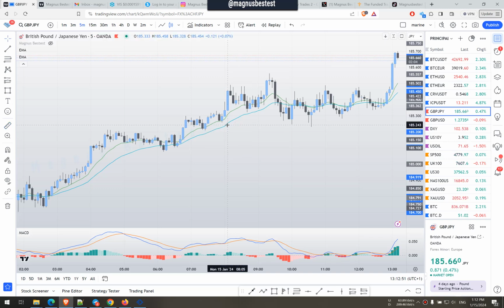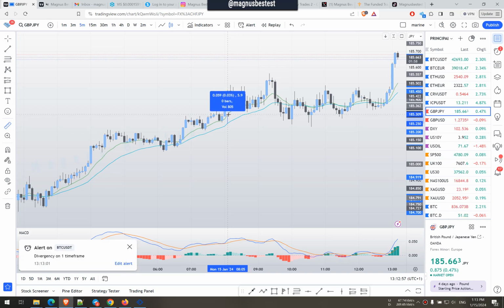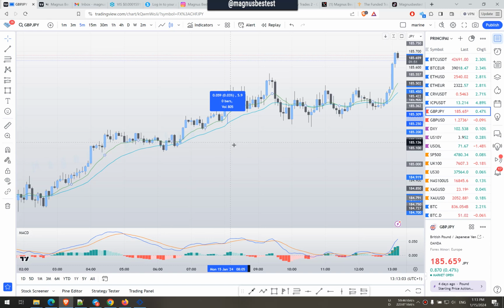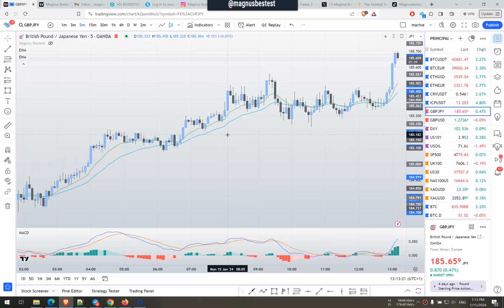Okay, let's check it from here, from bottom to top. What it means is that the MACD line, which is the blue line here in the MACD indicator, is 60 as well at this point, at this candle. Look at this candle, let's check it.